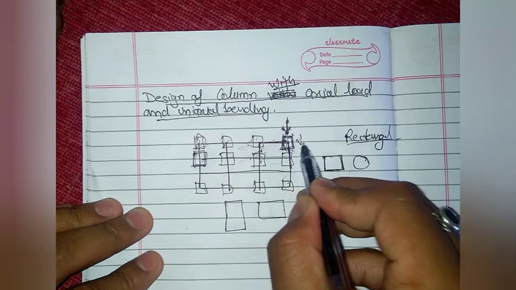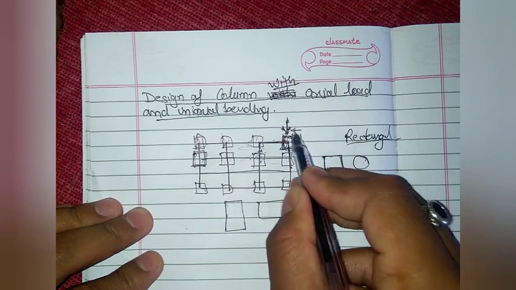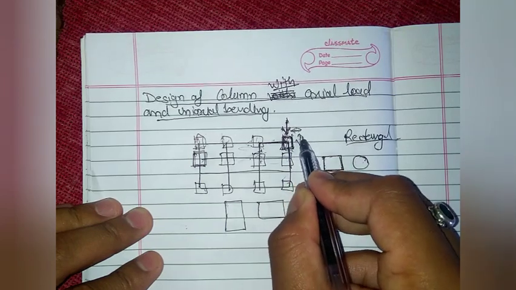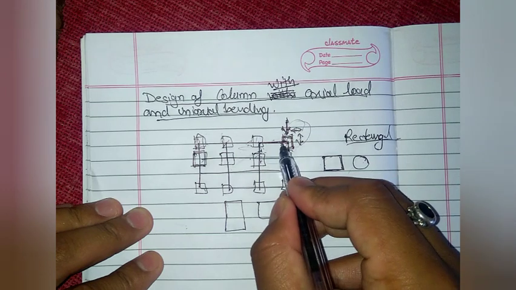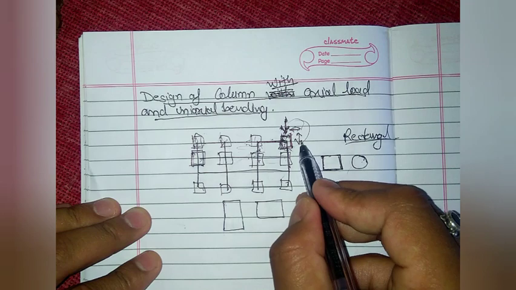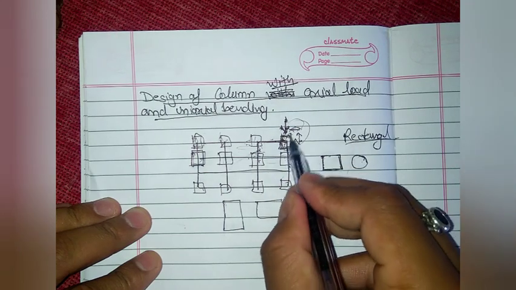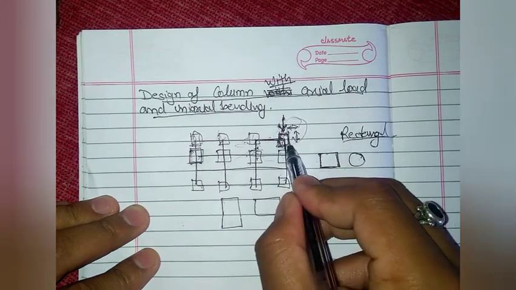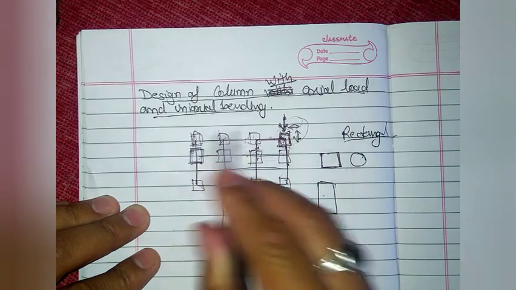In this and in this. So we have two directions in which this column section will bend due to the axial load when we are talking about the corner column. It will happen in all these corner columns.